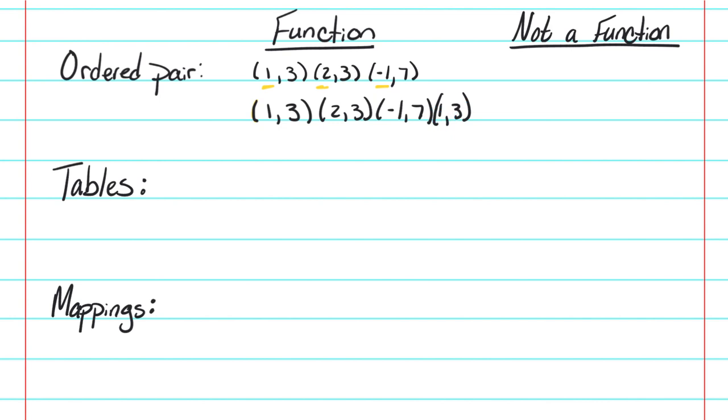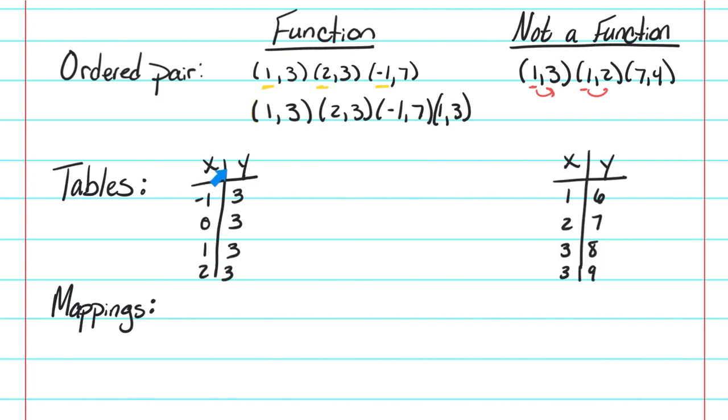So they just copied this again. That is still a function. An example of one that is not a function would be (1, 3), (1, 2), maybe (7, 4). This is not a function, because this x has a different y.